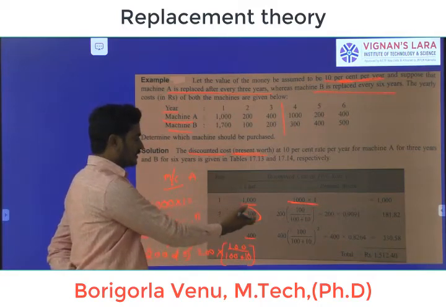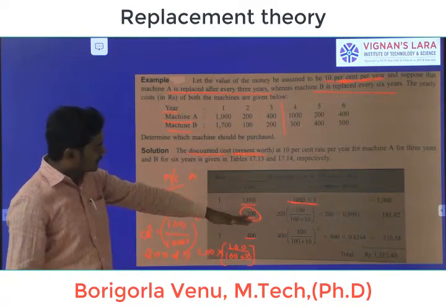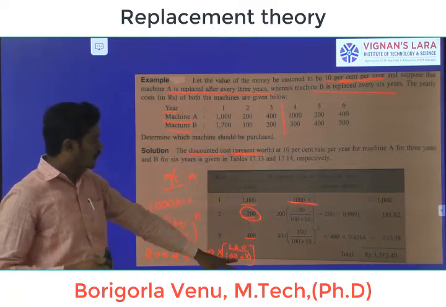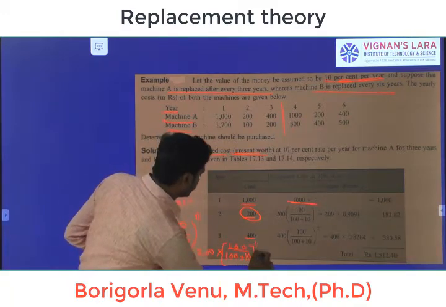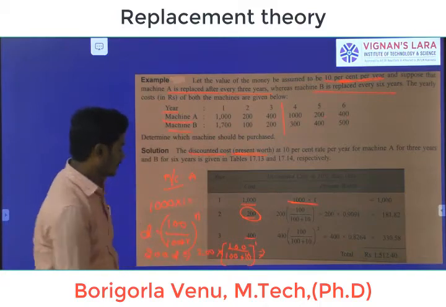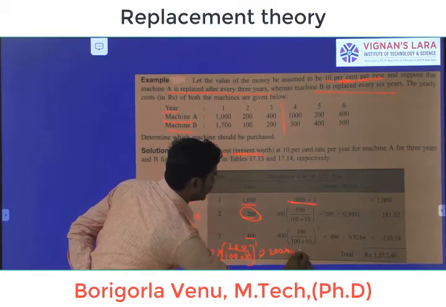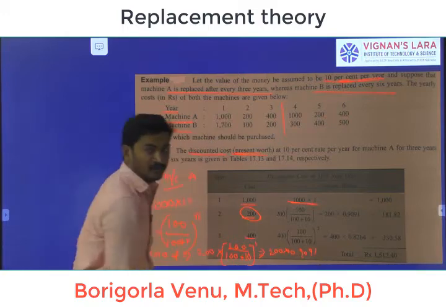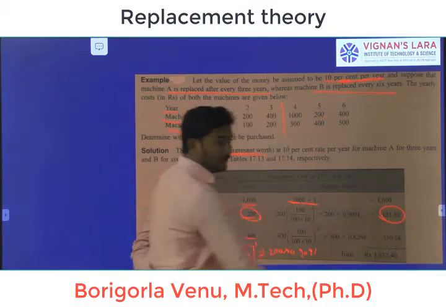It means for the first year, we add this worth factor once, so we simply take power 1. From this we get 200 into 0.9091. Okay, after this we get 181.82 rupees.